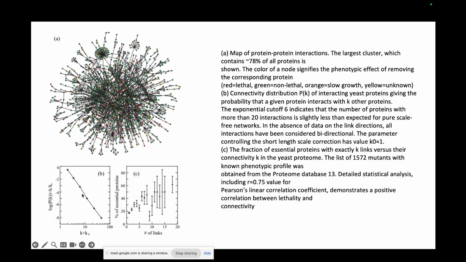So this is a log plot which shows that once you cross a certain threshold of interactions for particular proteins, it is slightly less expected to happen inside a particular network.